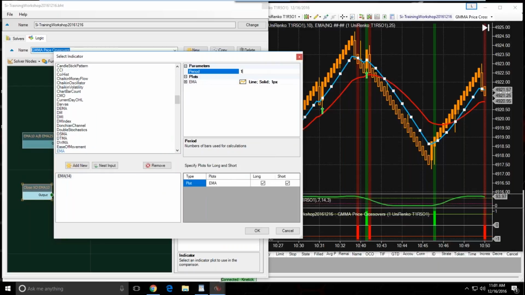There it is. Of course, this is where you would normally want to put the GMMA indicator in there, and then select the correct plot line that you're looking for, the line for the bar to cross over.